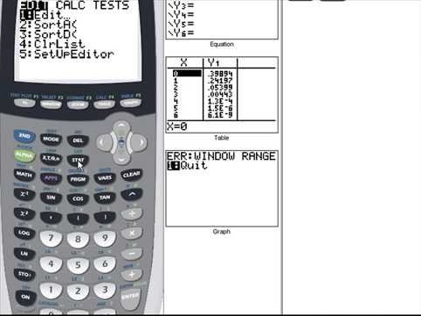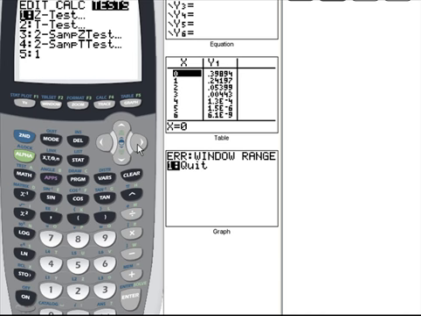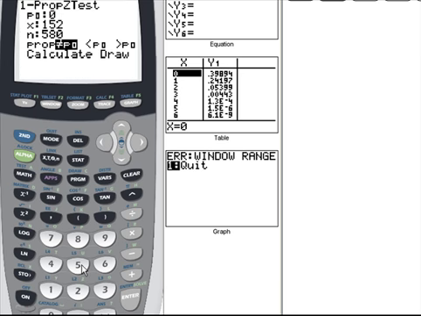So we want to go over to tests, and notice that we have a z-test. This is for a mean. A t-test is for a mean. The one we need is number 5, the one proportion z-test. So we're going to go to number 5. Now, p sub 0 represents the proportion from the null hypothesis.